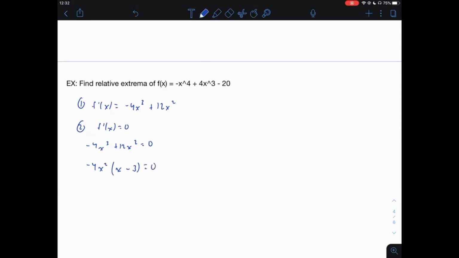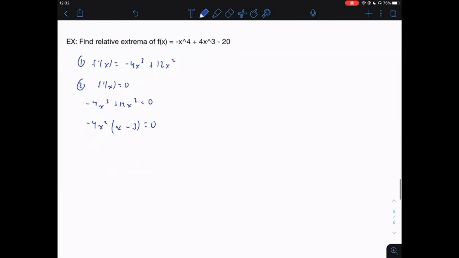Set this equal to 0, and now set each factor involving x equal to 0 and solve for x. So you're going to take -4x squared equals 0, and then x minus 3 equals 0. Solve for x in each case to give us 0 and positive 3. So 2 critical numbers in this case.